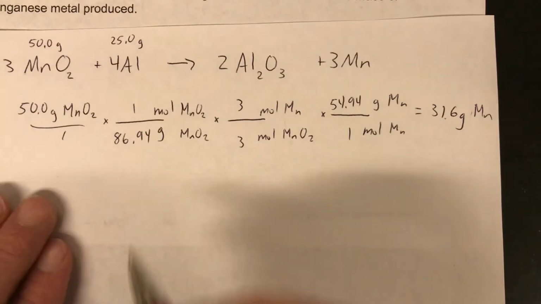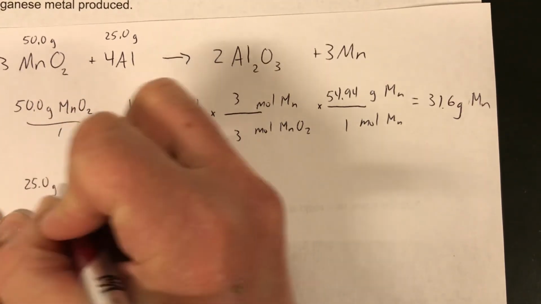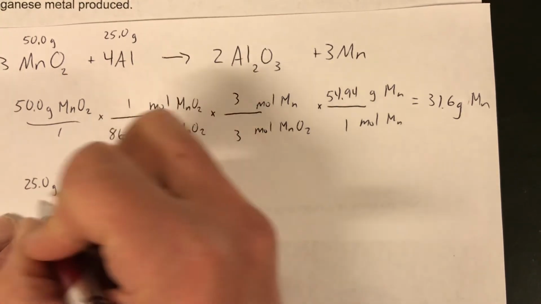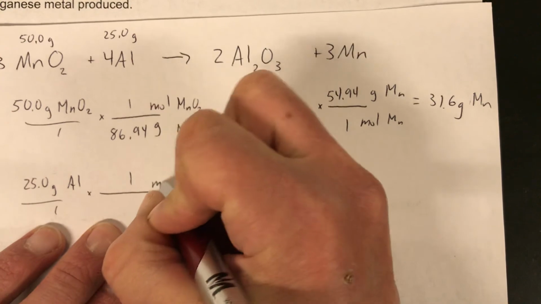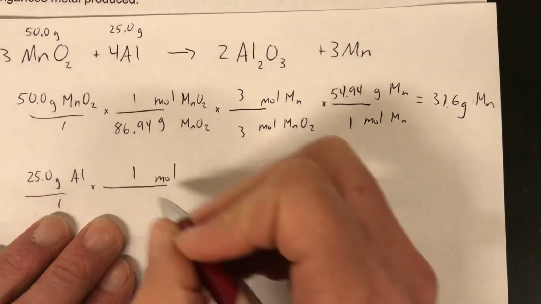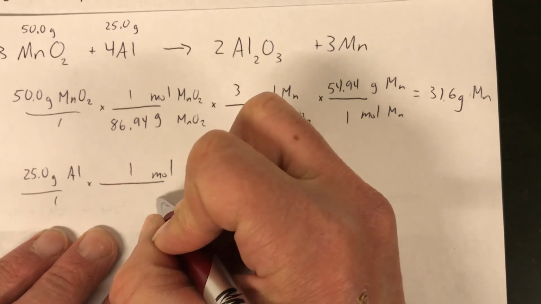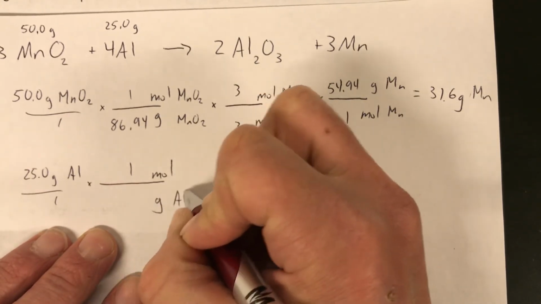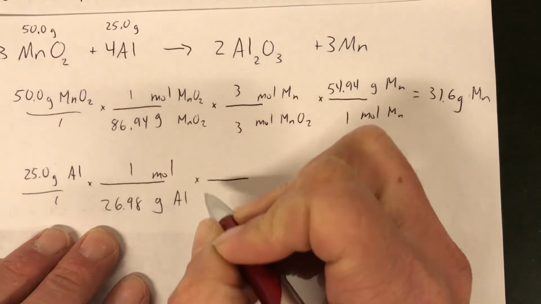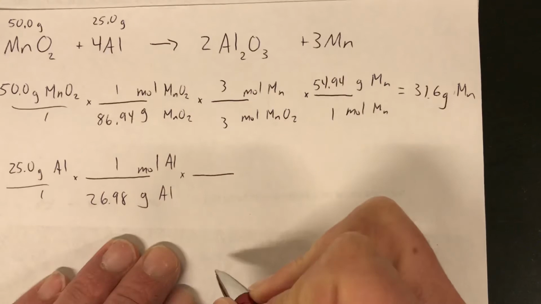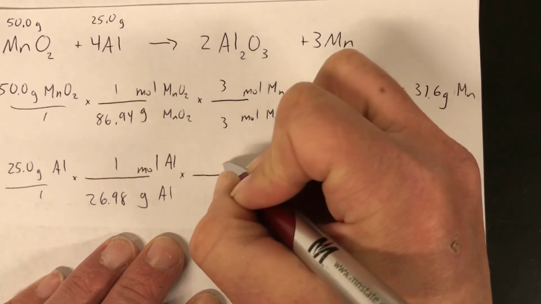Okay, now we use the other reactant. We have 25 grams of aluminum. Same process, go from grams to moles by dividing by the molar mass. Now we're going to go from moles of aluminum to moles of manganese.